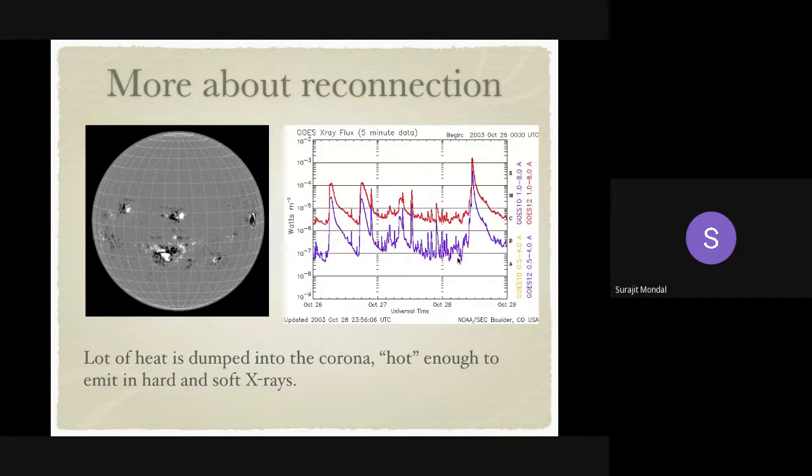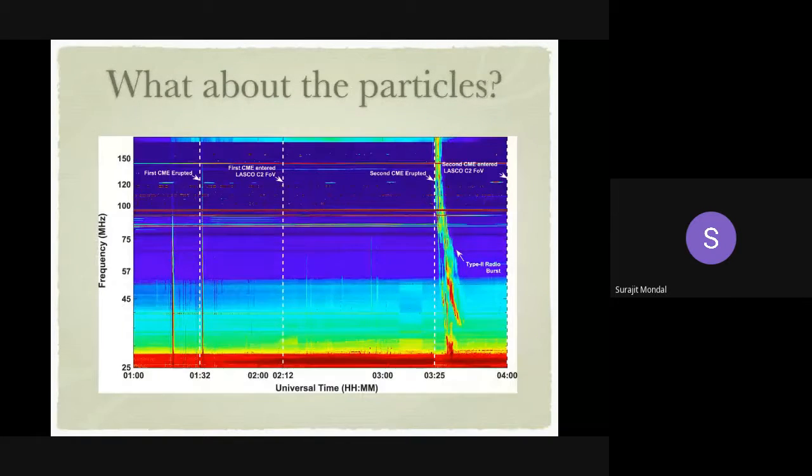Now, you also saw that particles are also accelerated during this reconnection process. Now, is there any role of these particles in the coronal dynamics? To answer that, let me go back to this image which I had shown earlier. So this was how the solar flux in the radio band varies as a function of time and frequency.